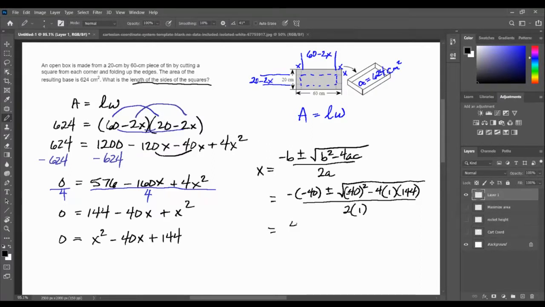So that's a positive 40. Let's see. So 40 squared would be 1600. And subtract from that 4 times 144, which we know is 576. We did that earlier. So that gives us 1024 inside here.